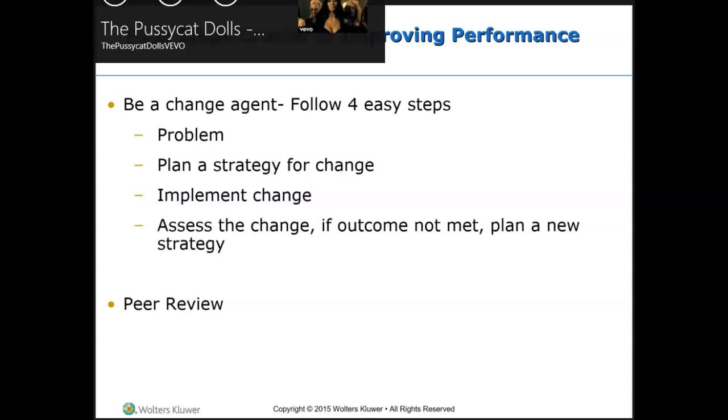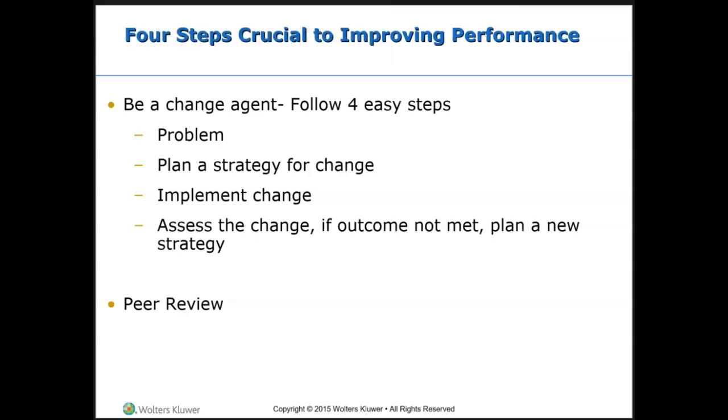Once you discover a problem, the next step is to plan a strategy to look into that problem. You want to create a campaign to implement whatever change is needed. Implement it, and then you want to go back and assess the change, right? Did it work?